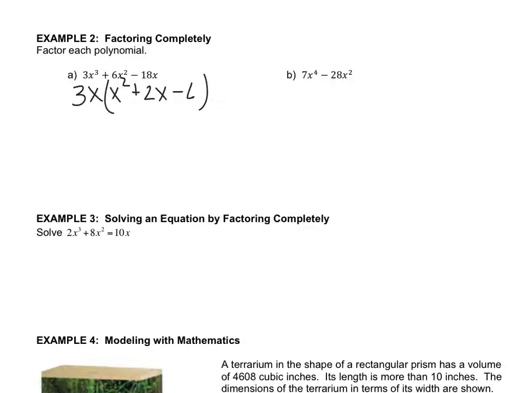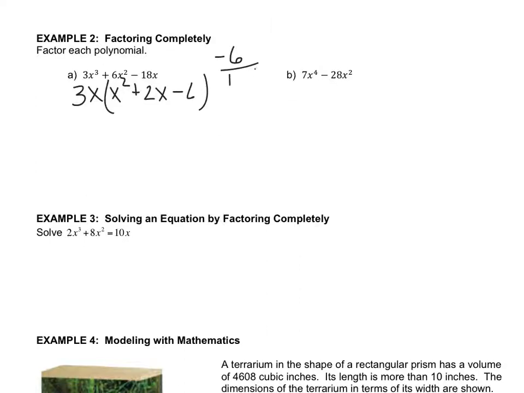Then I want to look at that one right there and say, is x squared plus 2x minus 6 factored completely? Again, this would be back to the lesson where we had the coefficient of our x squared as a 1, or the a as a 1. So I'm looking for factor pairs of a negative 6 that would add up to a 2. So if I look at those numbers, how do I create 6's?